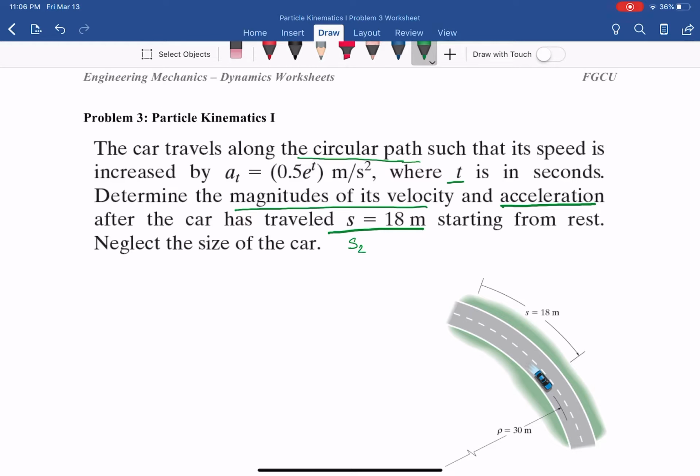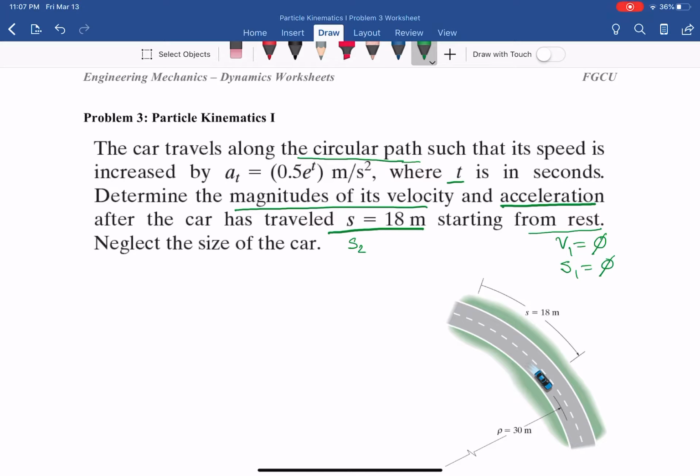And starting from rest, so we know the initial condition, v1, the velocity from rest, will be 0, and s2 is 80 meters, so we have the original s1 equals 0, so that one is given.